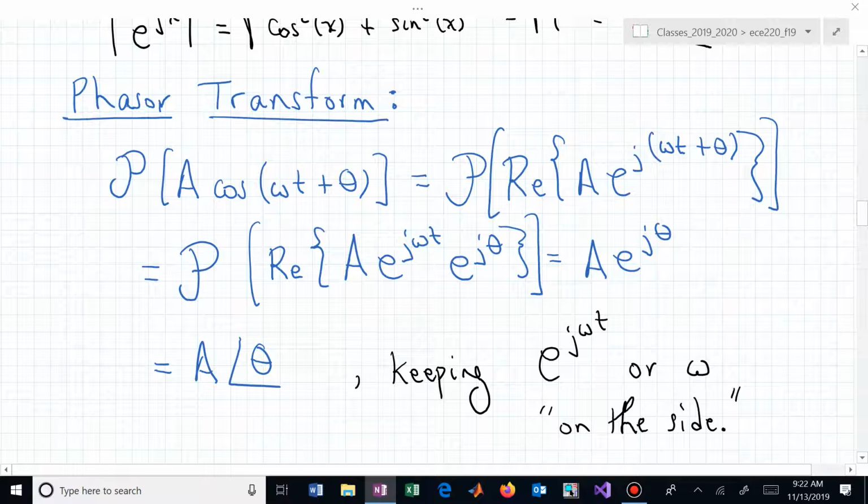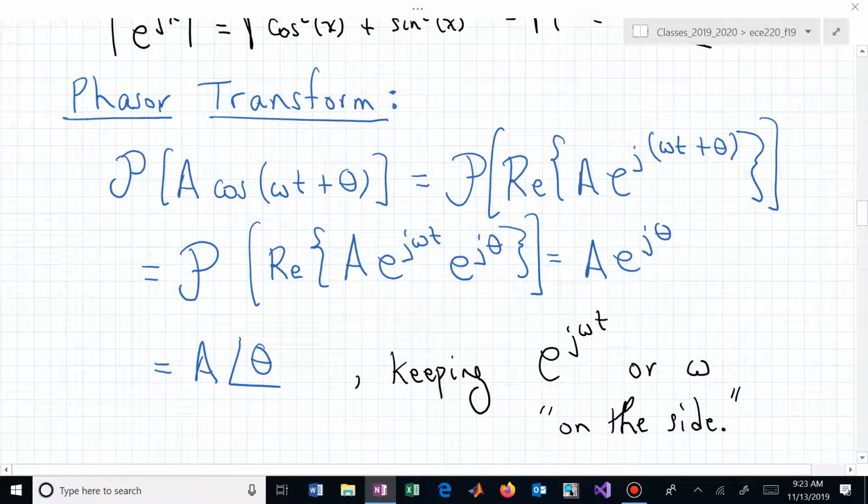You know that's true. That's why I'm saying put it on the side. What's important is the amplitude and the angle. If you know the amplitude and the angle, you can go back into the time domain. You know everything's shaking at omega. It's now the amplitude A cosine omega t plus that angle. And that's what the phasor transform does. It simply extracts the amplitude and angle from this time domain waveform, A cosine omega t plus theta. We say, oh, omega, let's keep note of that.